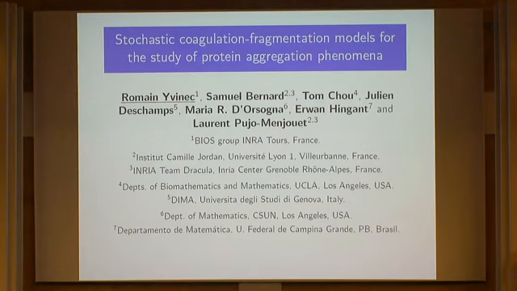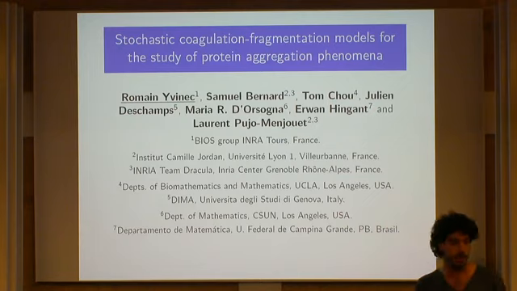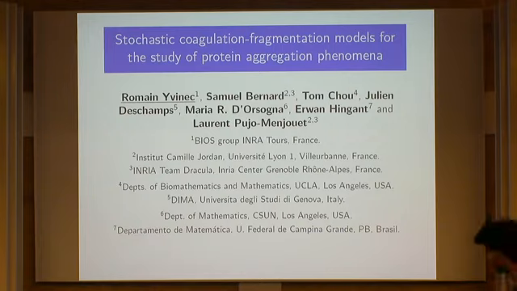And I will actually start to work on the board. Just to give you a rough idea of what it is before going to the math, I'm working on coagulation-fragmentation models, very specific ones, which I will detail. This is applied to protein aggregation involved in many amyloid diseases, like prion disease, Creutzfeldt-Jakob, and other kinds of diseases.